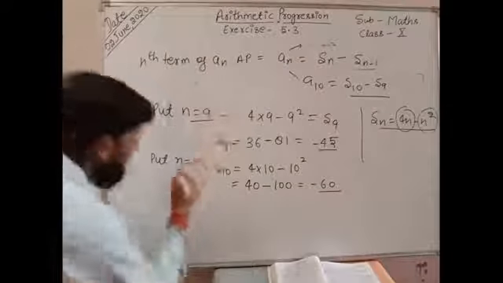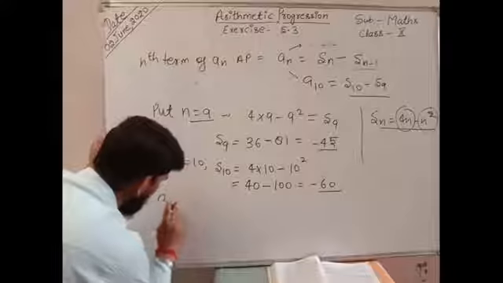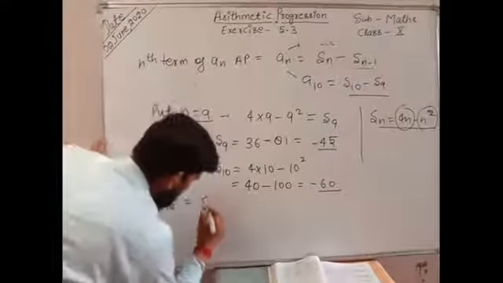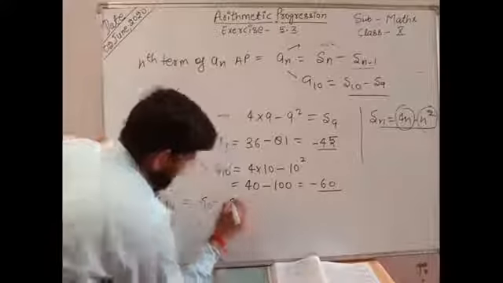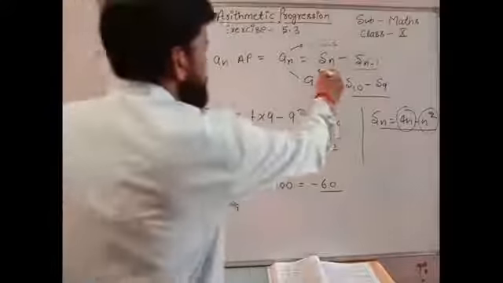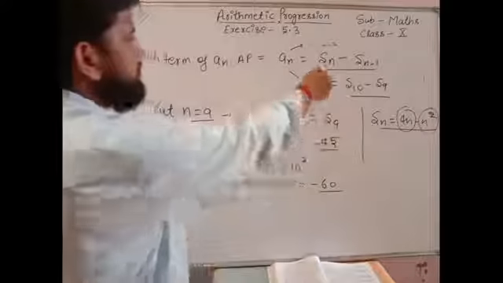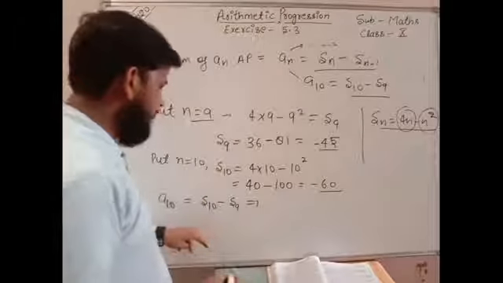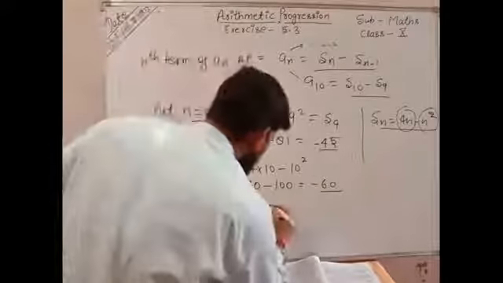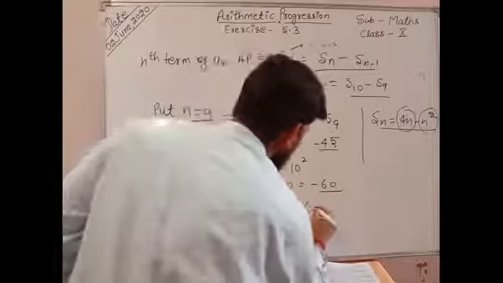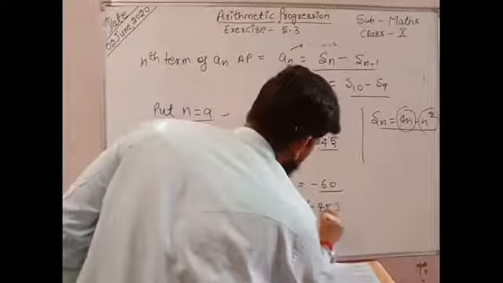So now we can easily calculate A10 is equal to S10 minus S9. Okay, so S10 is equal to minus 60, and S9 is equal to minus 45.